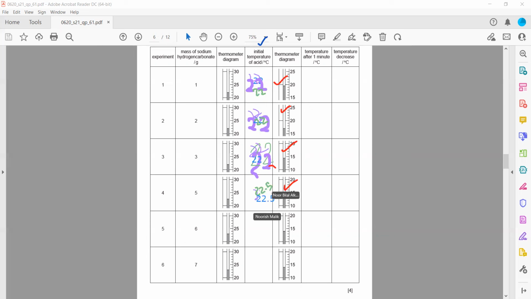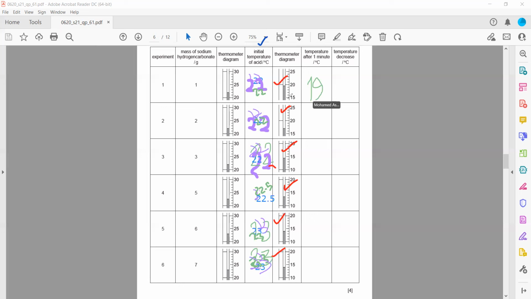That's correct. 23. Okay, 23. That's right. Look, all the values are correct. There is no mistake here.